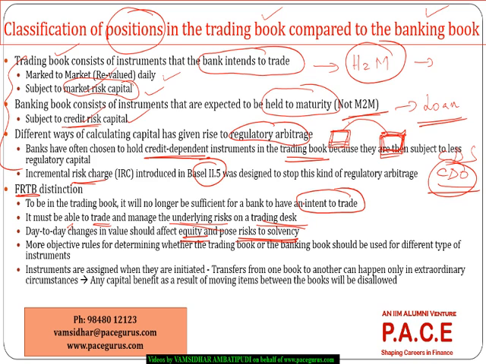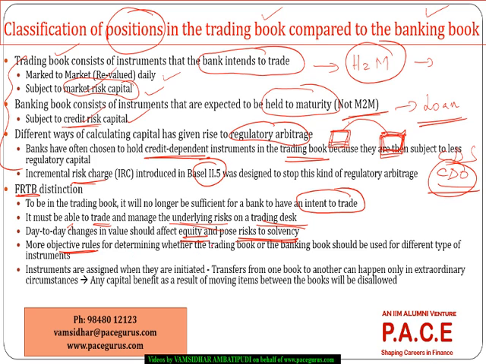If the equity value reduces, the debt to equity ratio increases, which will have an impact on the solvency of the bank. Only then are these instruments categorized as part of the trading book. And it has come out with more and more objective rules for each instrument, whether it should be categorized as trading book or banking book.